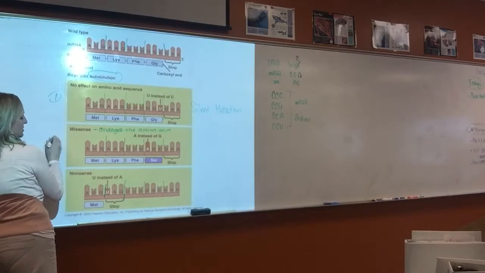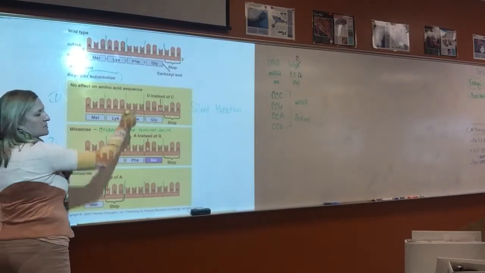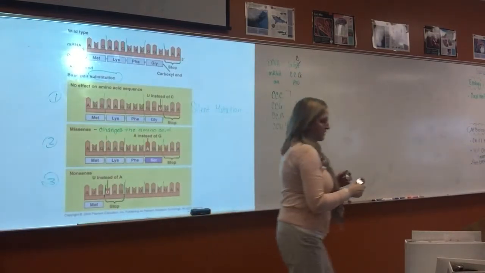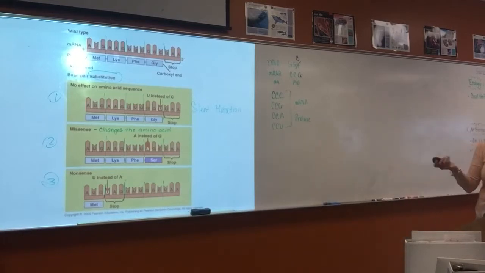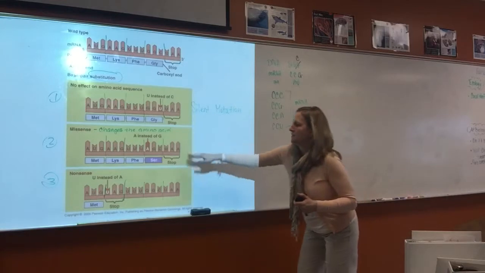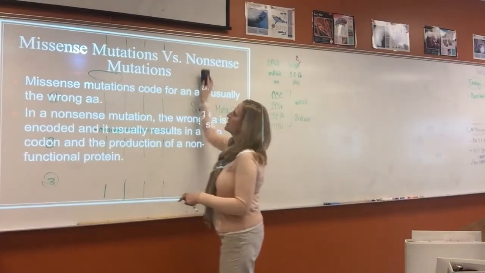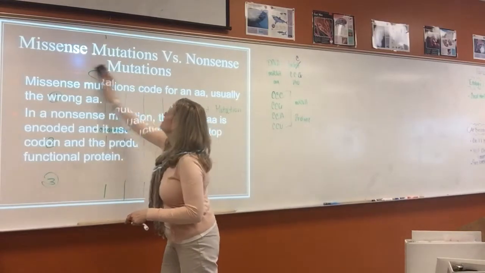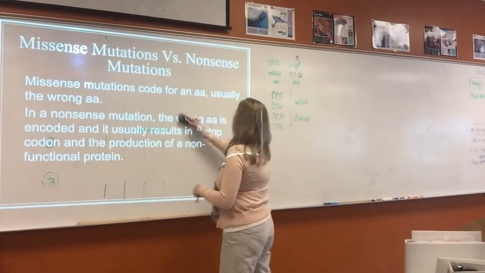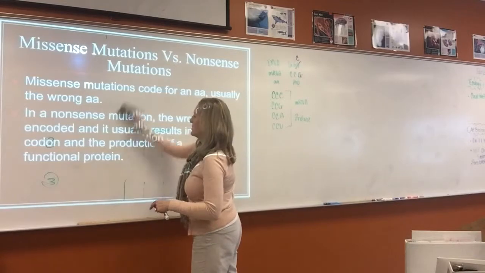So all of these three examples are examples of substitution, where we've substituted one base for another. And they can cause different things to happen. Sometimes it's no big deal, other times it is. So these couple bullets are about those. Missense mutations code for an amino acid, but usually the wrong amino acid.